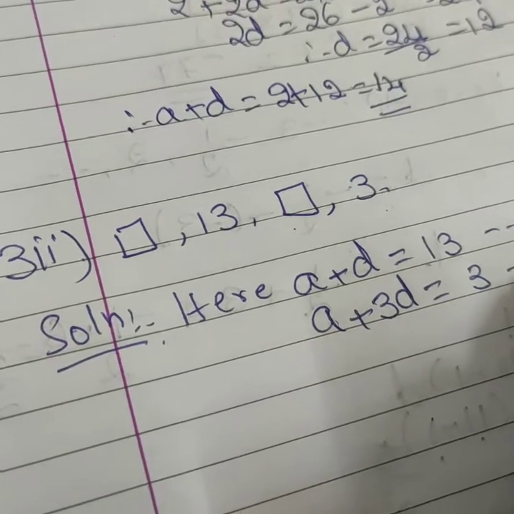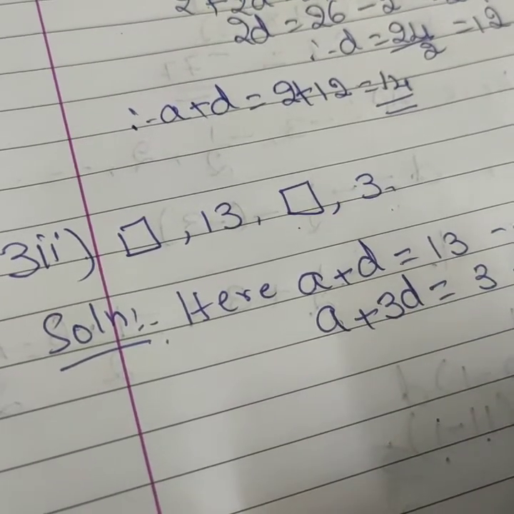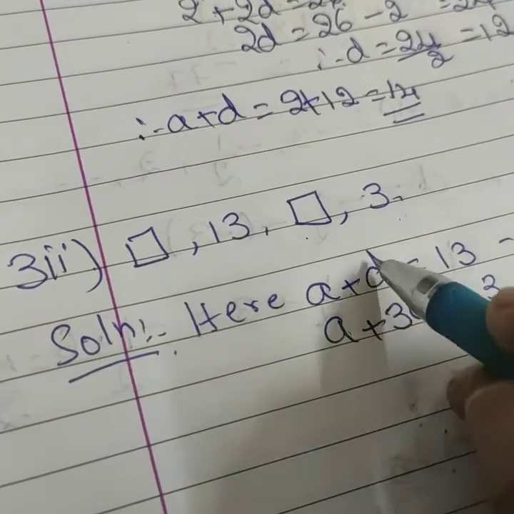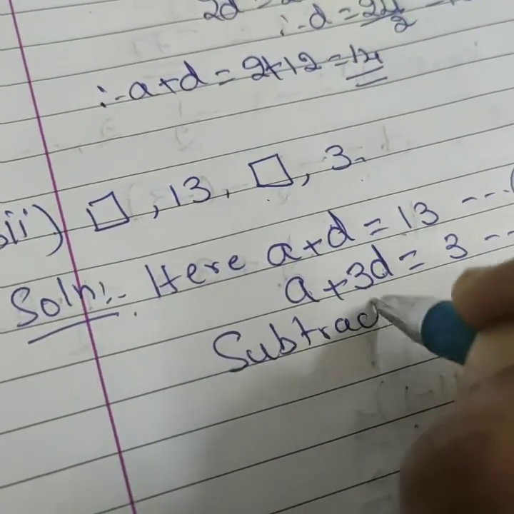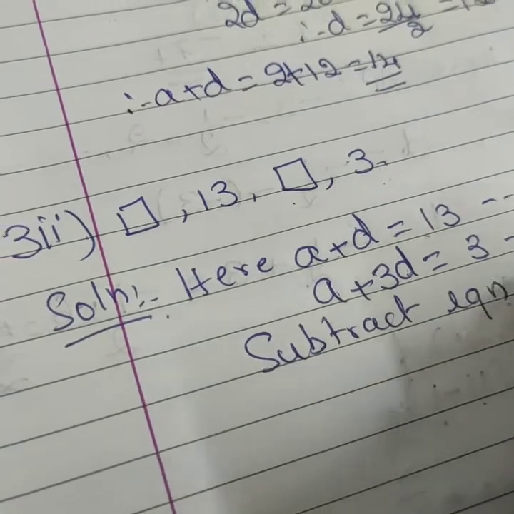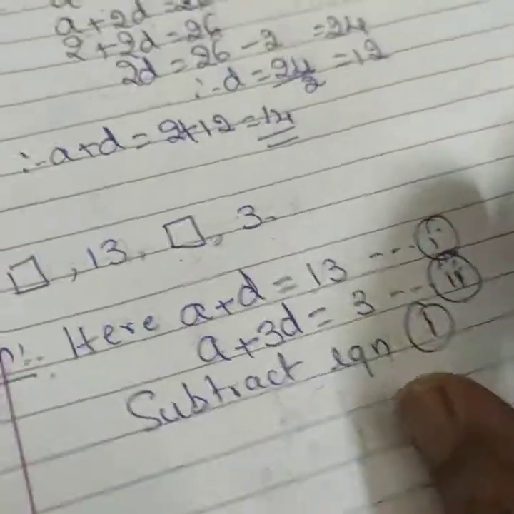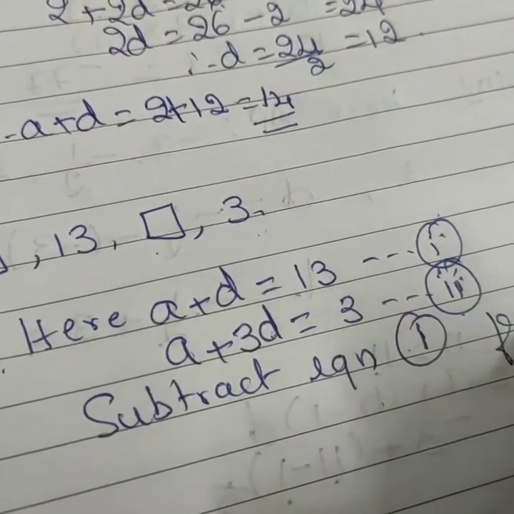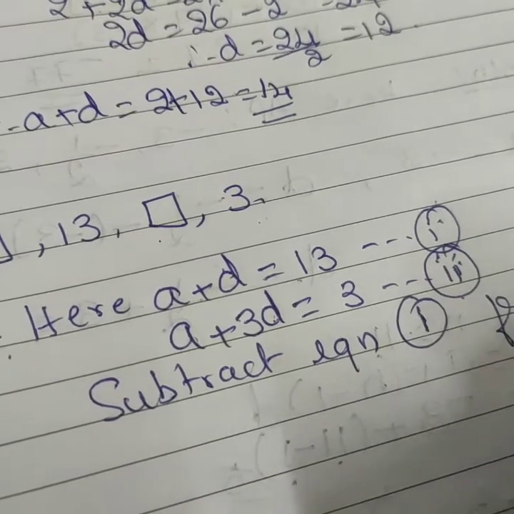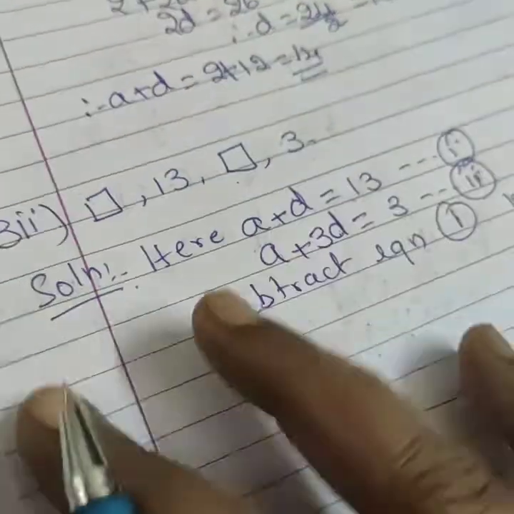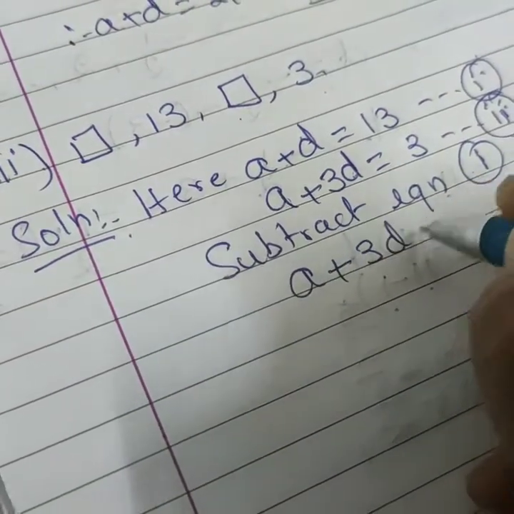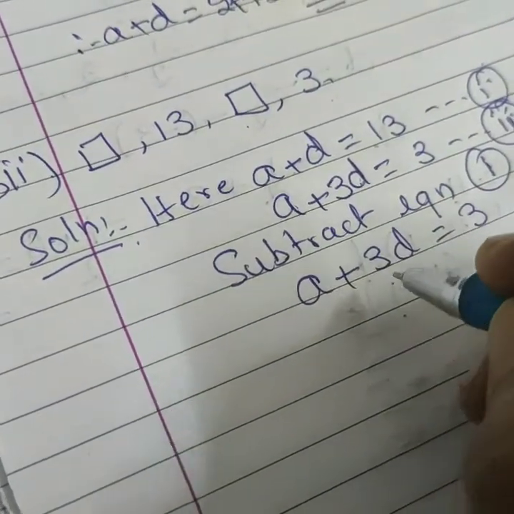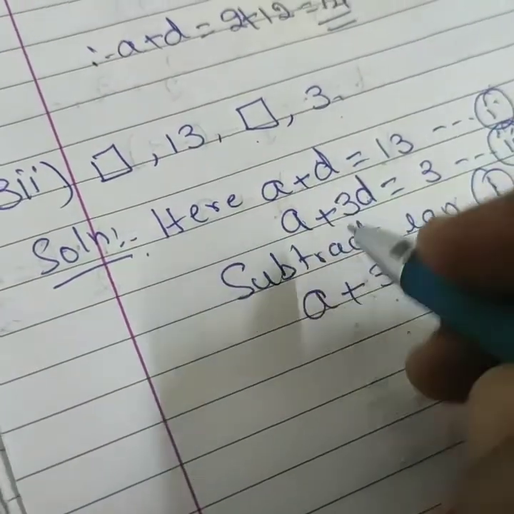Now what you have to do? Subtract equation 1 from equation 2, because here you have 3D minus D. So what you will have here, the equation will be A plus 3D is equal to 3. What is the first equation here?